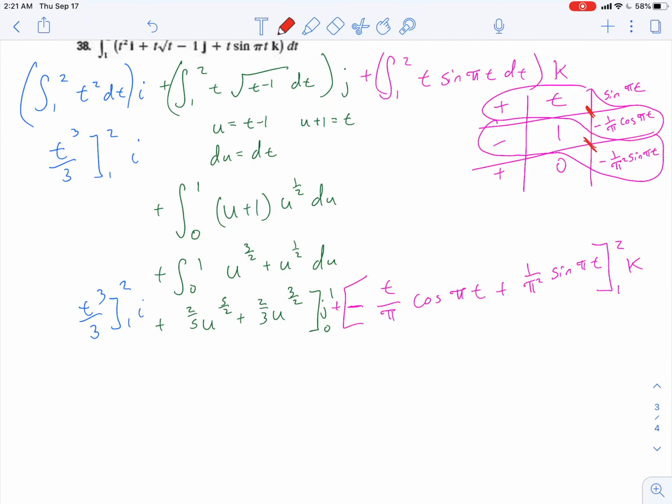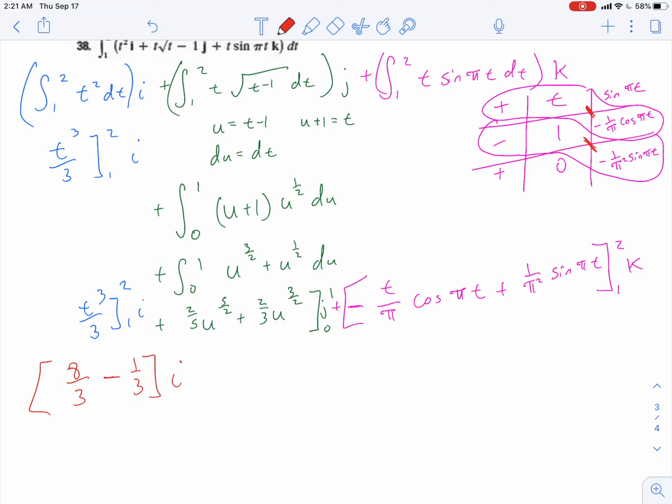All right, so now we're going to plug in our values. I'm going to put everything now in red because we've done all the integration. So I'm going to do 2 cubed, which gives me 8.